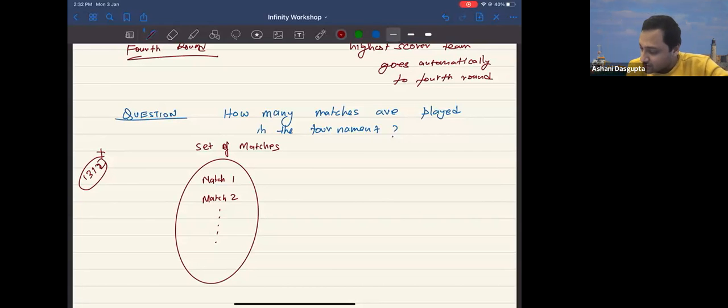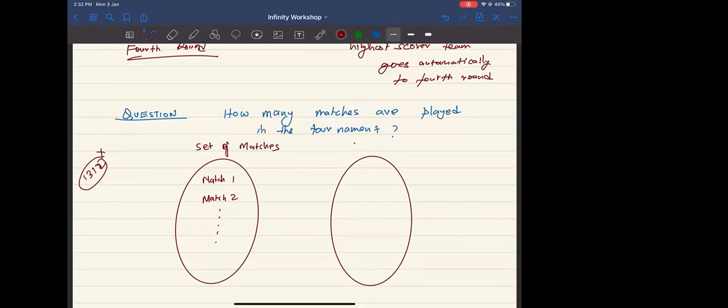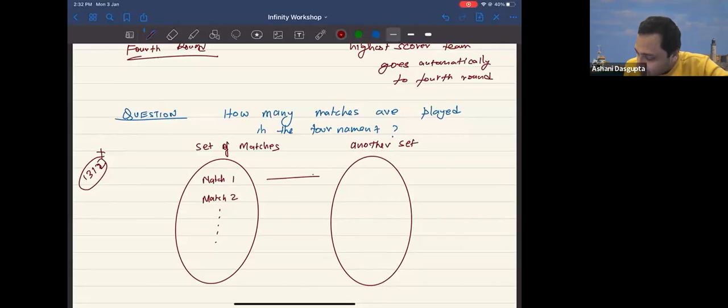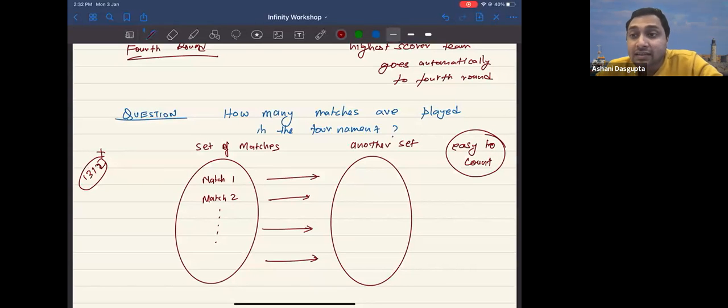You can set up another set that is bijective with the number of matches, and that is easy to count.